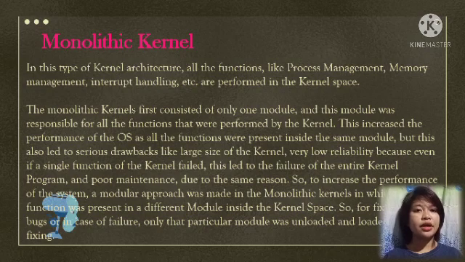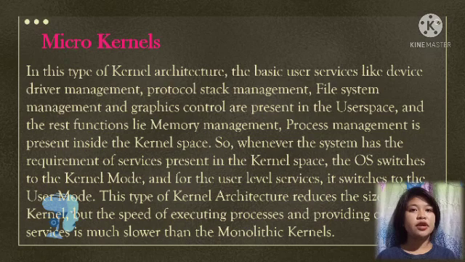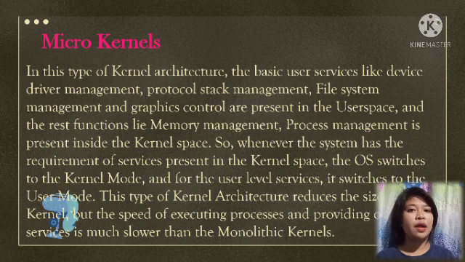Second one is the microkernel. In this type of kernel architecture, the basic user services like device driver management, protocol stack management, file system management, and graphic control are present in the user space. And the kernel functions like memory management and process management are present inside the kernel space.